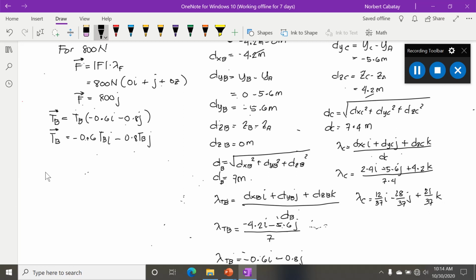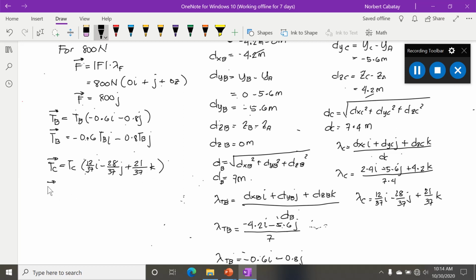So therefore, yung ating tension C, dito ko lang isulat, in vector form is the magnitude T sub C times its lambda, which is 12 over 37 i minus 28 over 37 j plus 21 over 37 k. Yan.